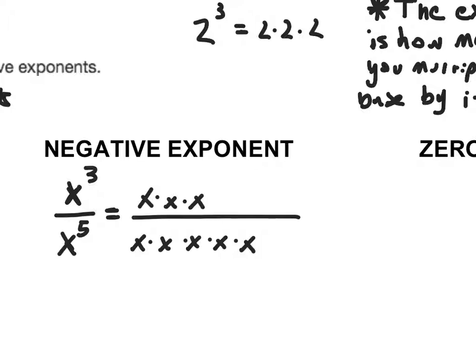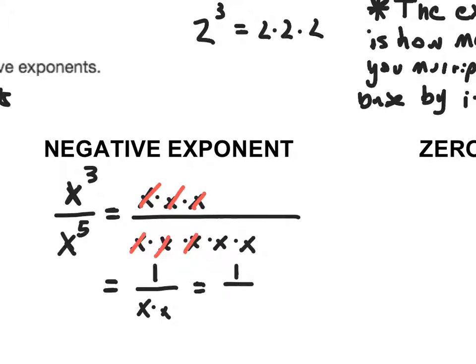When I divide these out, x over x is 1, x over x is 1, x over x is 1. So what you're left with is a 1 in your numerator, because all those divided out, and you have 1 divided by x times x, which is going to give us 1 over x squared.